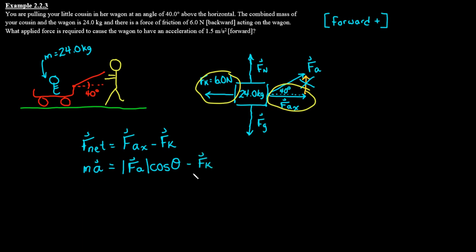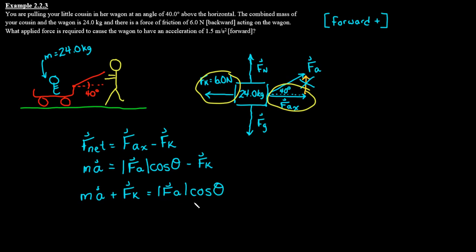So when we solve for FA, we're going to move the force of kinetic friction over. So you get Fnet plus that force of kinetic friction equals the applied force times cos theta.